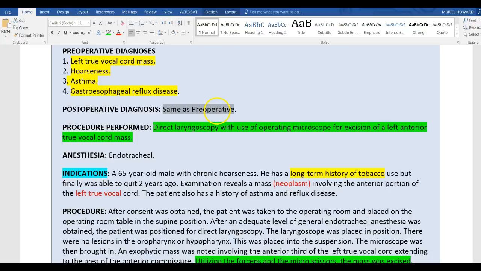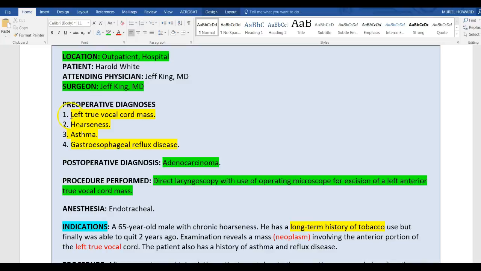So I'm going to actually change this because I don't want to code the wrong thing. Carcin... just didn't look right. Okay, so this is going to be my diagnosis, and this is also known as a neoplasm.